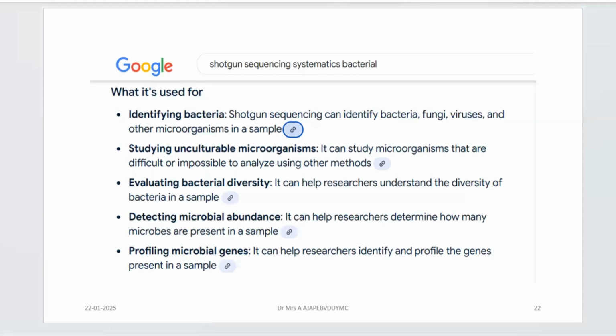So to start with, we are starting with a limited range of information, and based on that we are trying to find out the position of the organism in the entire system. It has its own limitations, so better is to sequence the entire genome and then analyze it. That is where shotgun sequencing comes in.